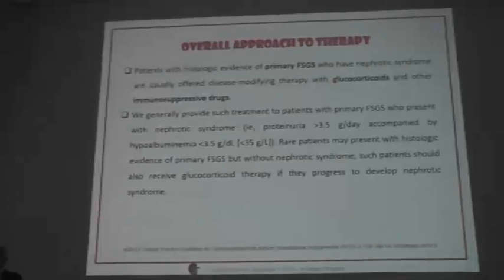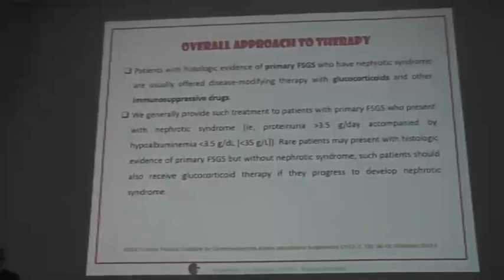This data from KDIGO just highlights the management of patients with focal segmental. Patients with histologic evidence of primary focal segmental glomerulosclerosis who have nephrotic syndrome are usually offered a disease-modifying agent with glucocorticoid or immunosuppressive medication.